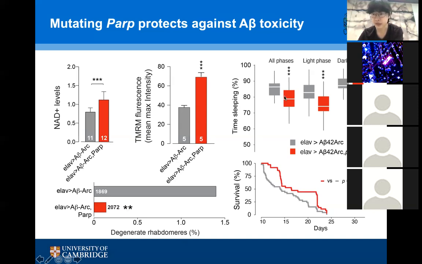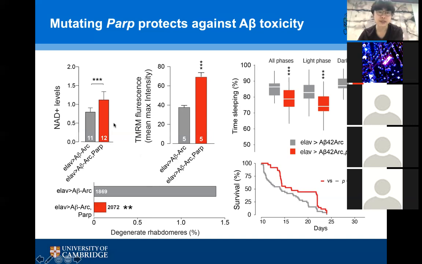And then in terms of behavior, Parp also protects against this excessive daytime sleepiness that I observed in flies overexpressing A beta, in this fly model of AD. So they have less sleep during the day. And then I also looked at lifespan, and you see that it does rescue the lifespan a bit as well.